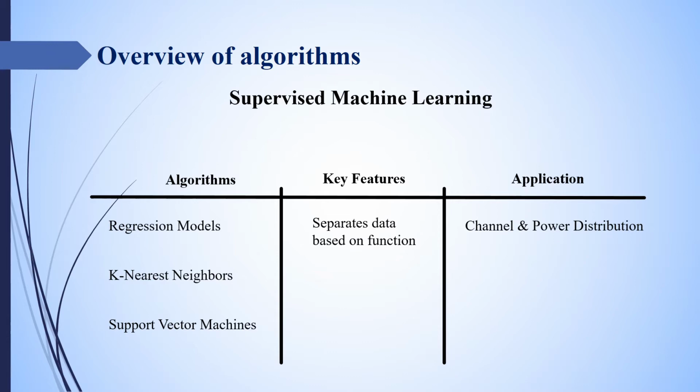We pass the data through the function, and depending upon the function output, our data can be classified into particular classes. This is what a regression model basically does. Its application: we can apply it in channel and power distribution. We won't go into each and every application as it would be very complex, but one can understand and satisfy oneself on his own.